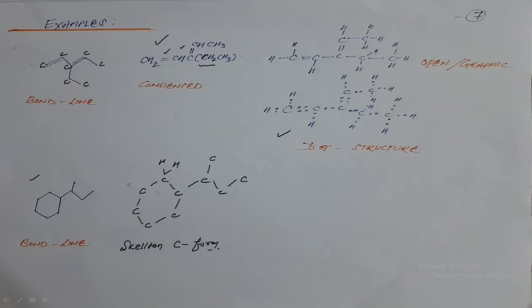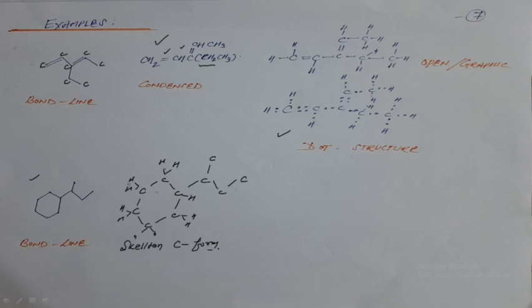The total hydrogens are 2, because this carbon already contains 2 bonds, and 2 more bonds are completed by hydrogen: 1 hydrogen, 2 hydrogens. This carbon also contains 2 hydrogens, this also 2 hydrogens, this also 2 hydrogens.